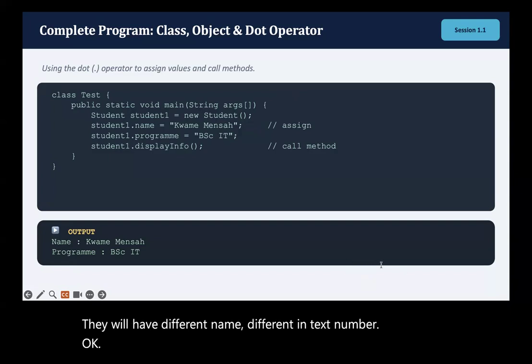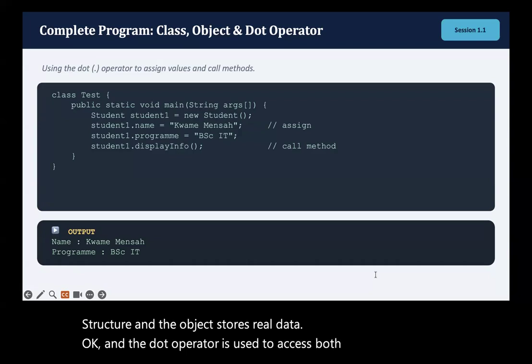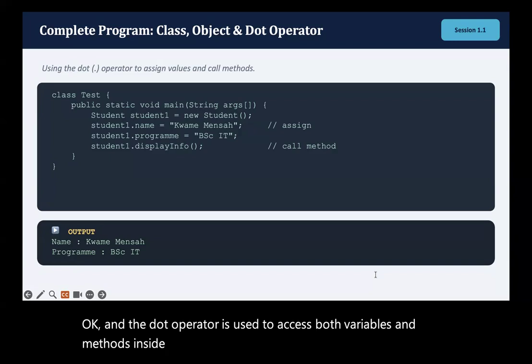So each object has its own memory. The class defines structure and the object stores real data. And the dot operator is used to access both variables and methods inside the object.